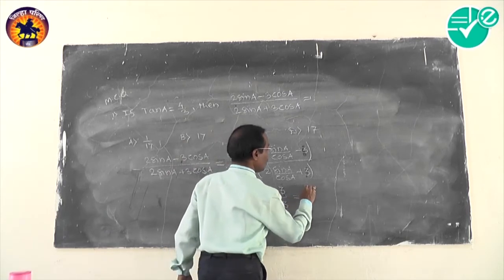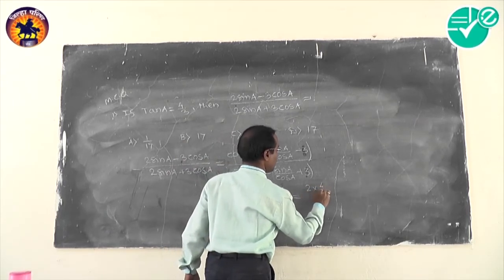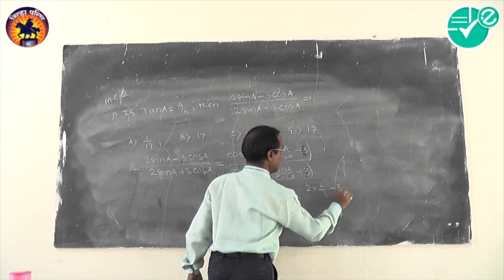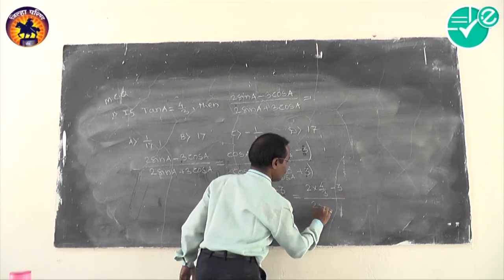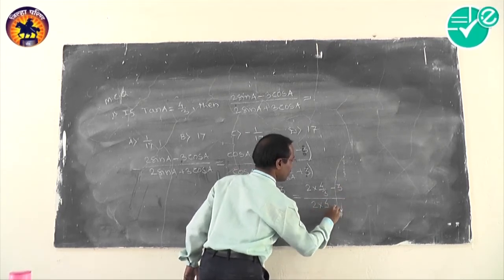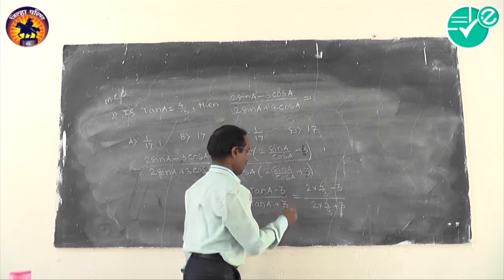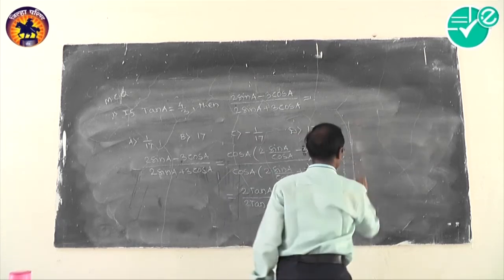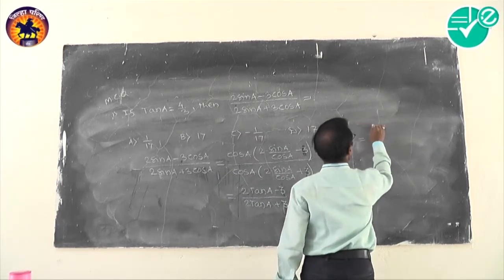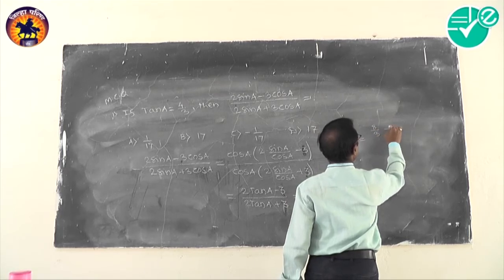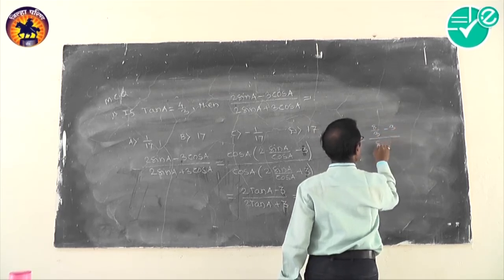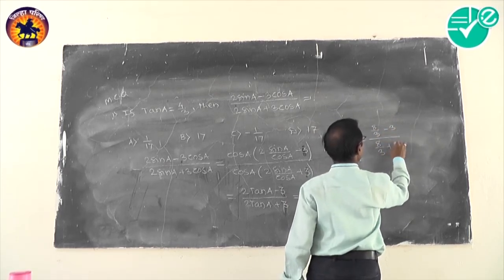We get 2 into 4 by 3 minus 3 divided by 2 into 4 by 3 plus 3, and this can be written as 8 upon 3 minus 3 divided by 8 upon 3 plus 3.